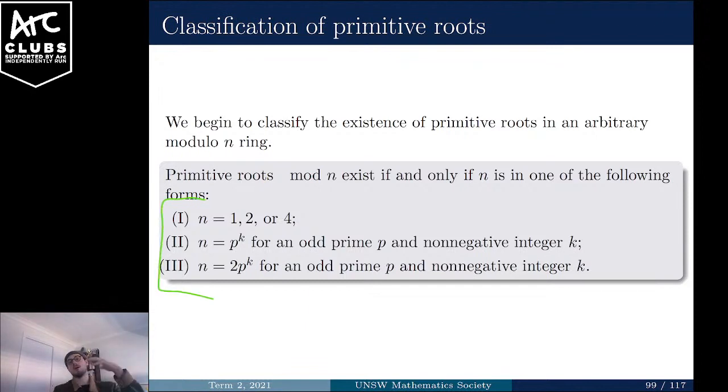So then we can operate at a higher level and say, okay, if one of these conditions is true, then we know that primitive roots exist, and we're just proving existence here. We're just seeing if there are primitive roots. Cool. So these are our 3 conditions here.